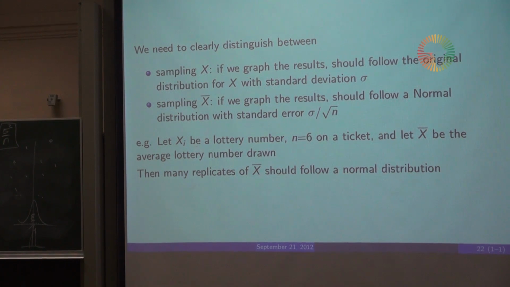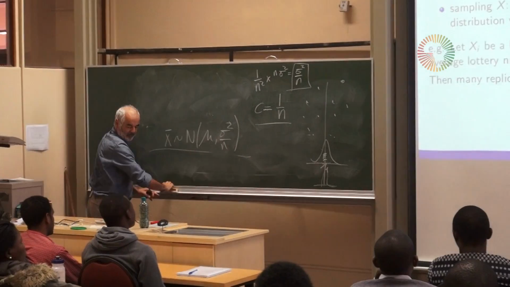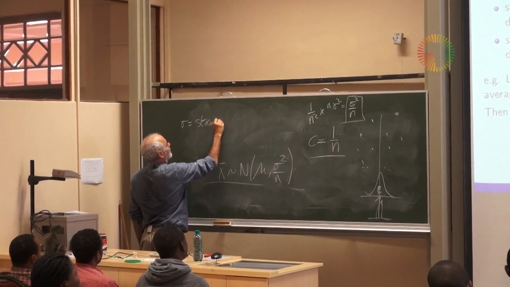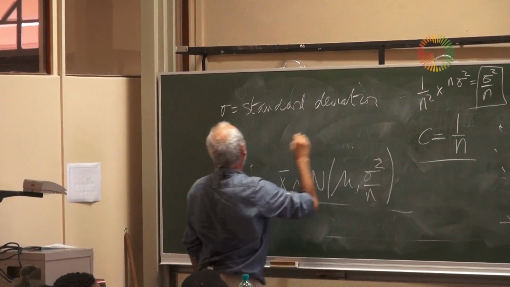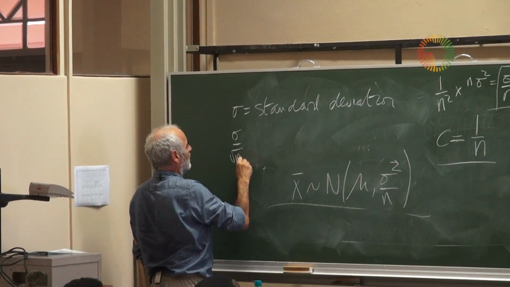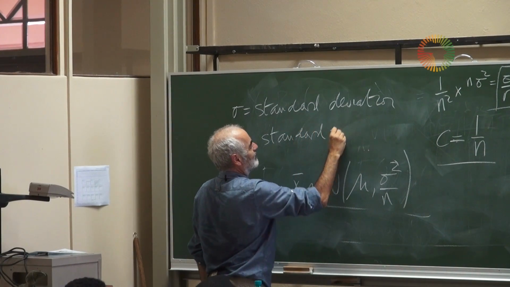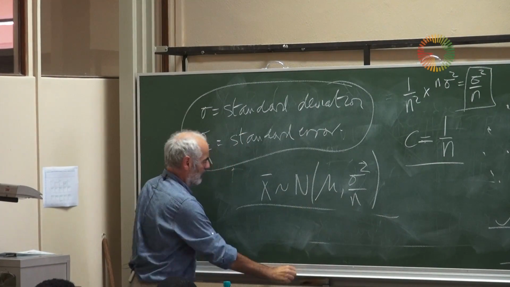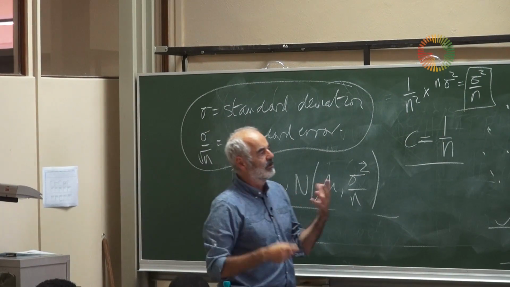Now, this is an important change in language: sigma is the standard deviation, and sigma over root n is known as the standard error. Easy to make the confusion. This is a property of the original distribution, and this is the property of the mean.